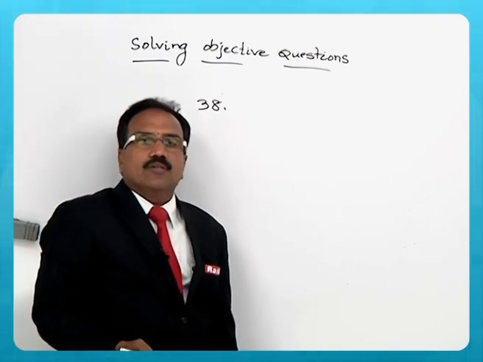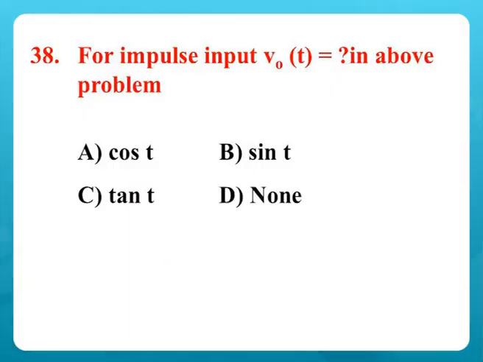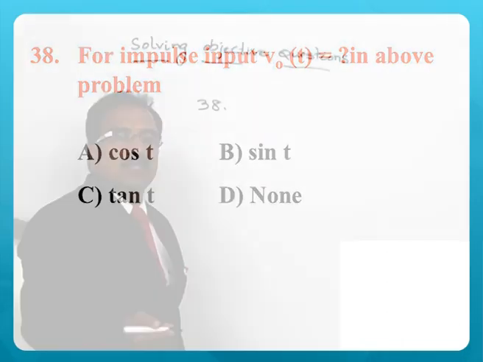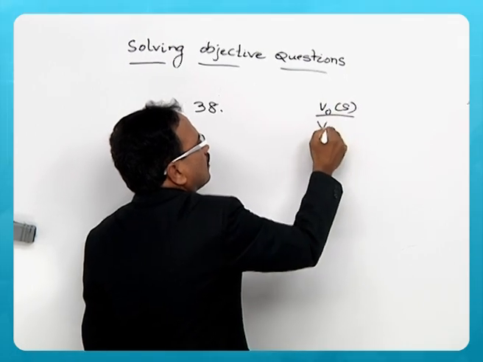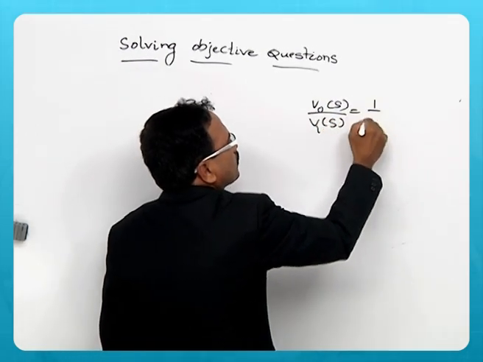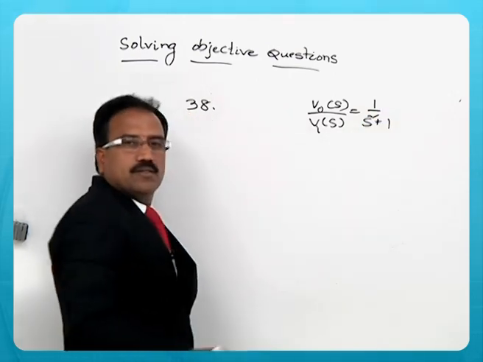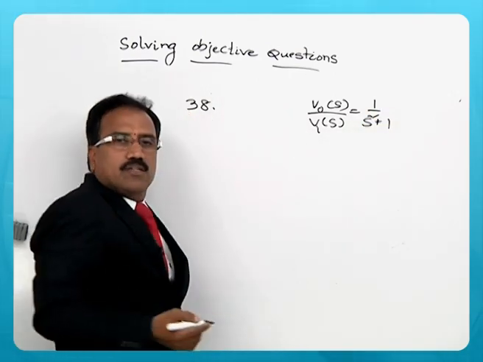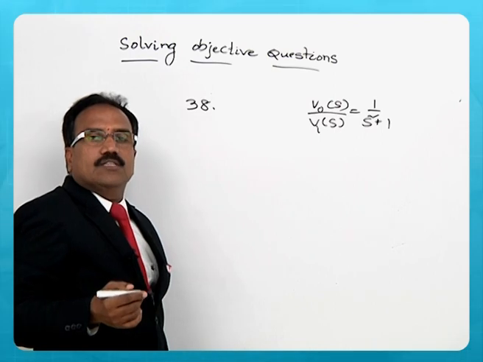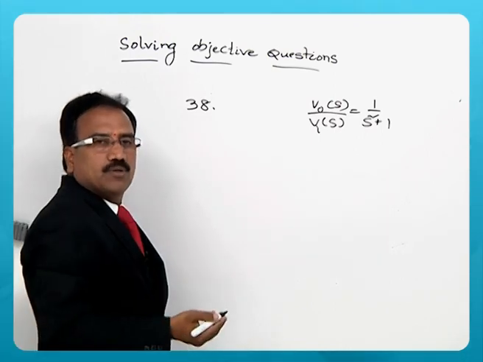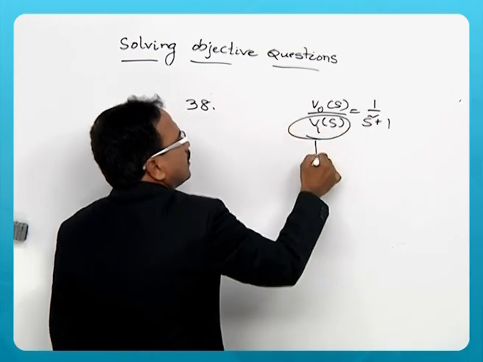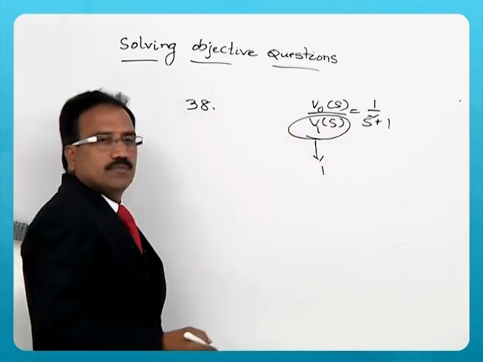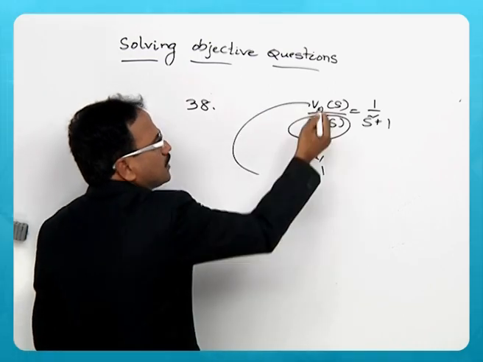Now, for impulse input, what is the output in the above problem? You have got the transfer function in the previous problem as 1 by s square plus 1. Now the question here is, what is the impulse response V0 of t for impulse input? Means this Vi of s is 1 now. Then what is the inverse Laplace of this?